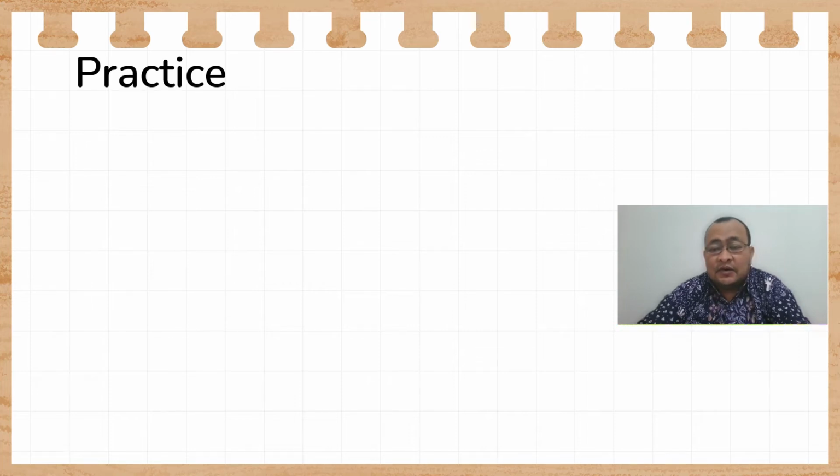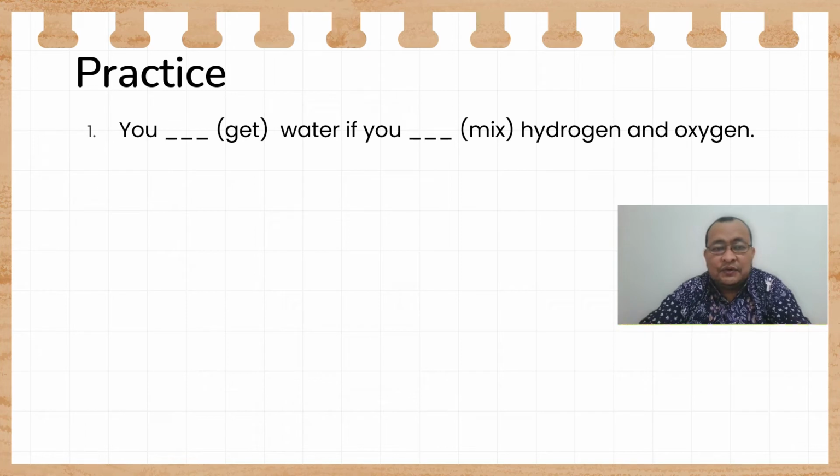Right. Now let's have this little practice. You get water if you mix hydrogen and oxygen. So remember in if clause type 0, present in the if clause, present in the main clause. And this is a type 0 or zero conditional because this is a fact.